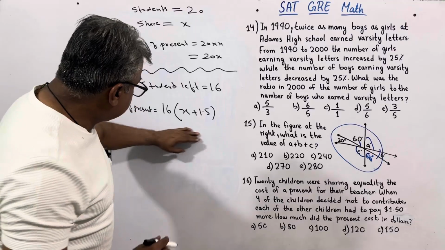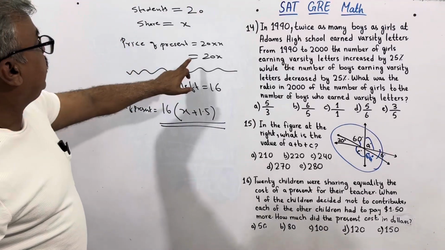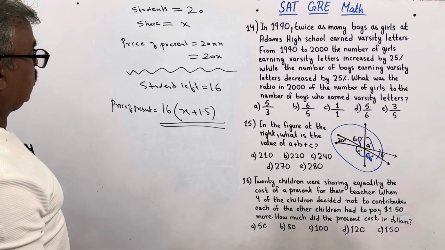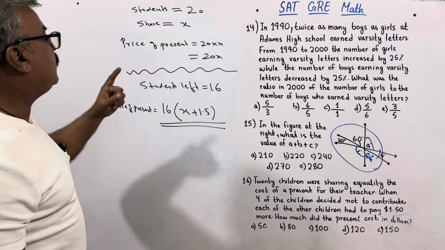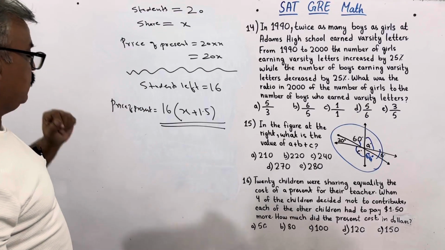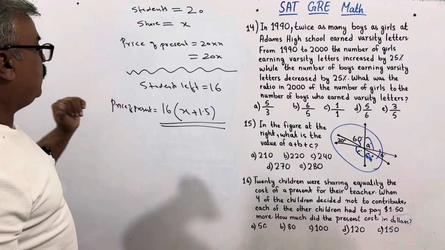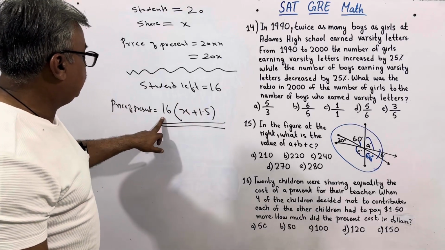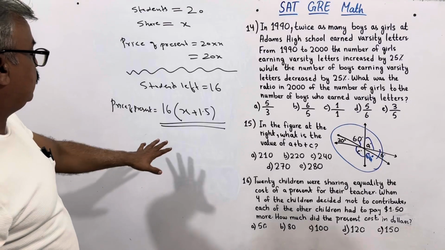But the price of this present is the same in both cases. Here the number of students is 20, sharing X dollars. Here the number of students decreased by 4, 20 minus 4 is 16, and they have to pay an additional $1.5.